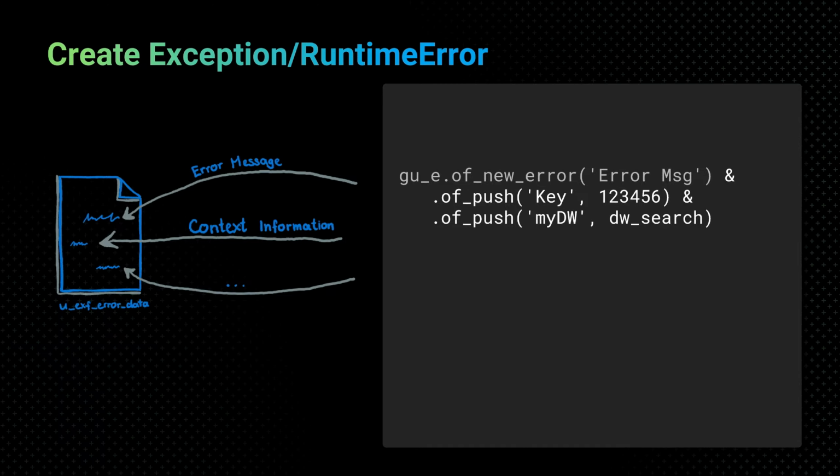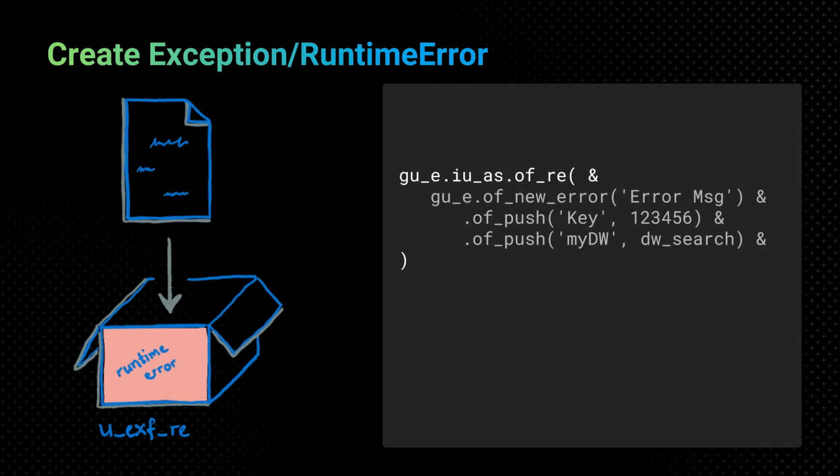So you have an OFPush function, which you can call multiple times on the same object, and where you can add a key and a value pair. The value can be anything, like a number, an object, a string, a DataWindow, just everything that you could imagine.